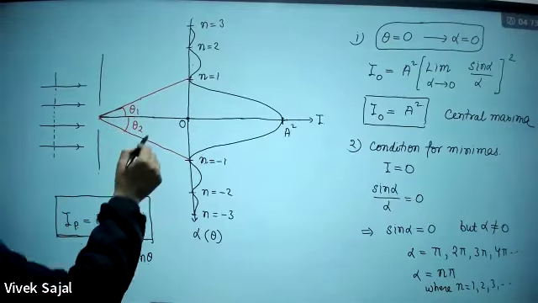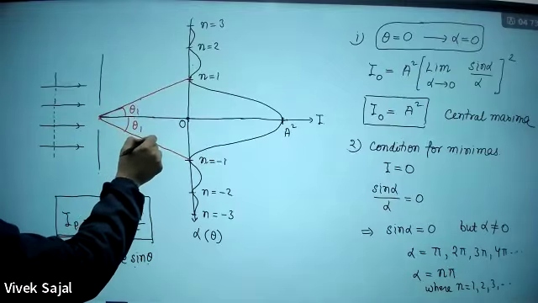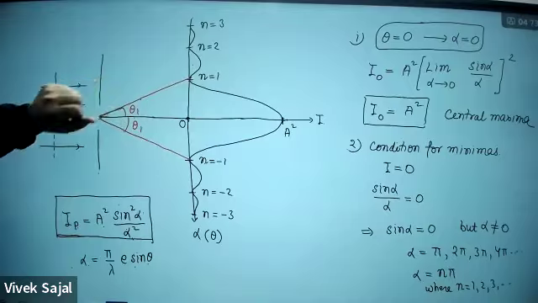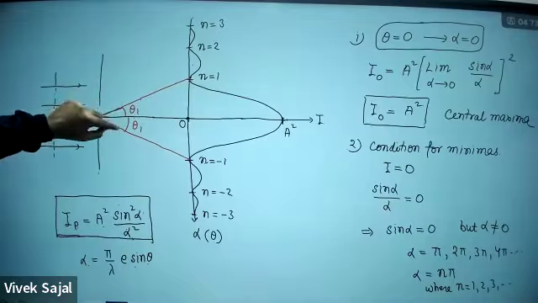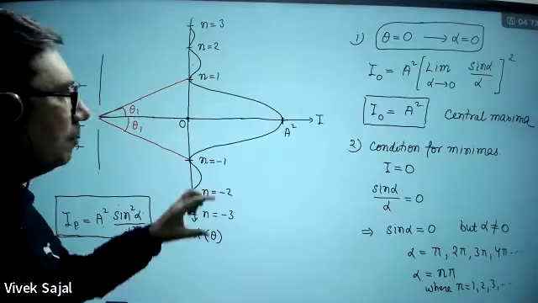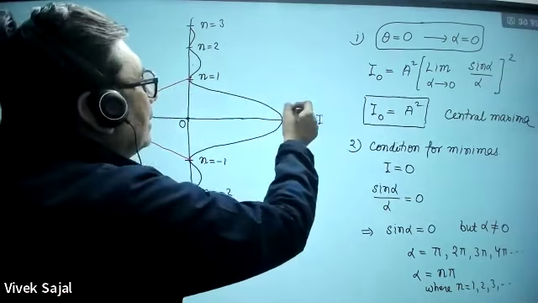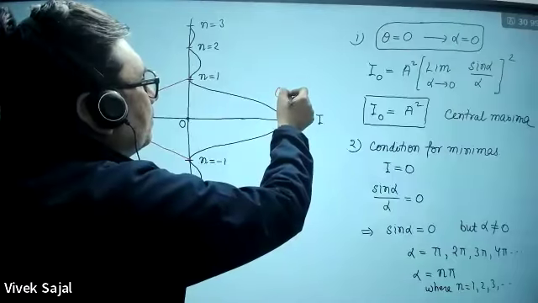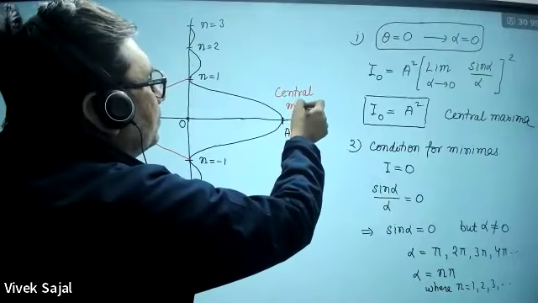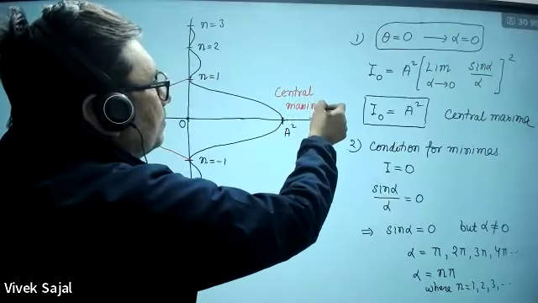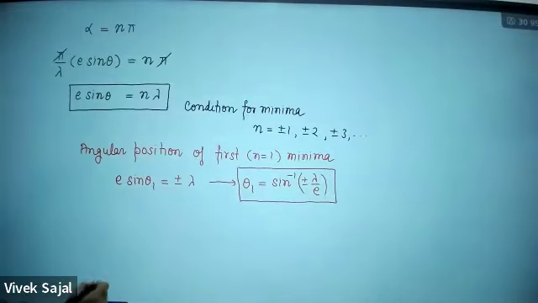This is theta 1 plus, and in this direction minus theta 1. So this will be 2 theta 1. So what will be the angular width of this central maxima?